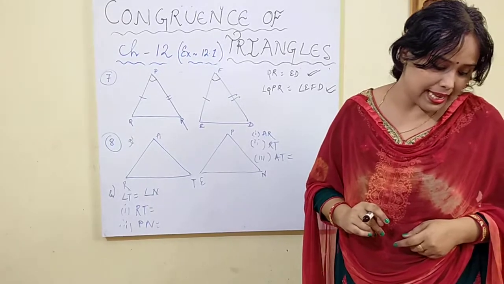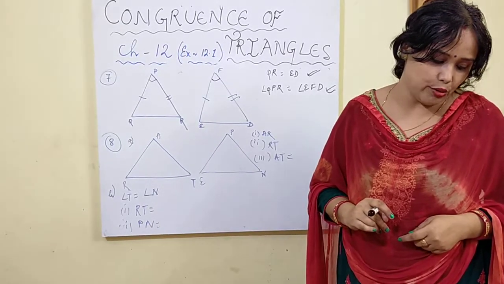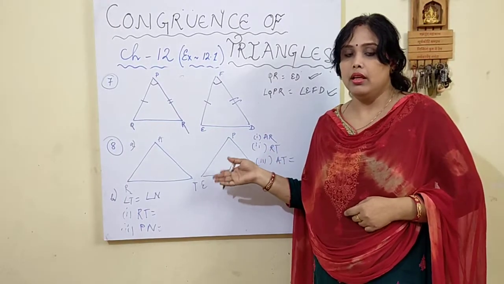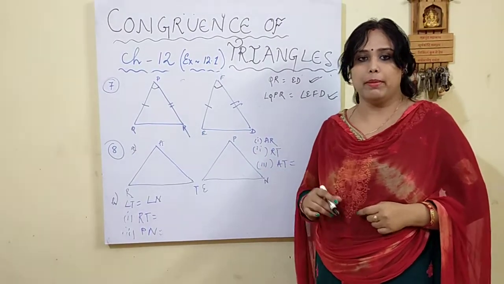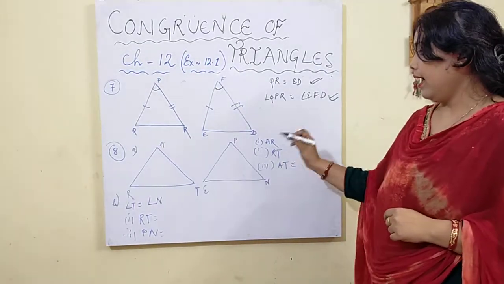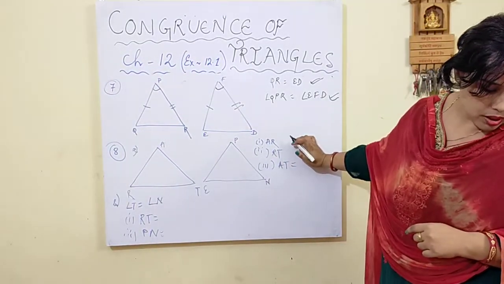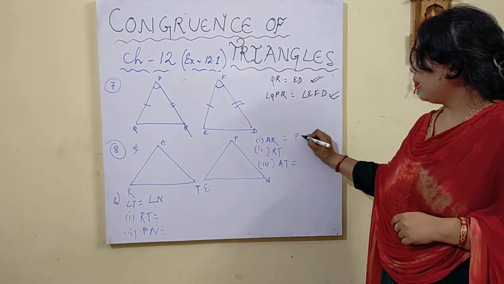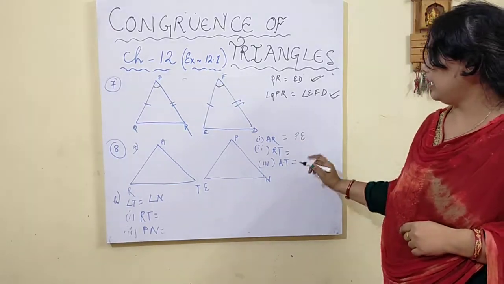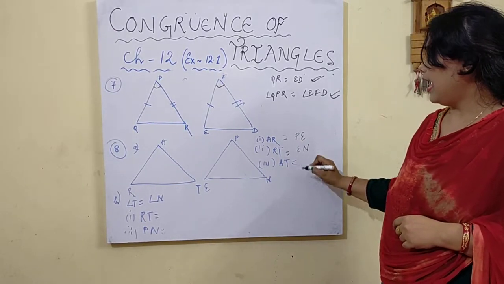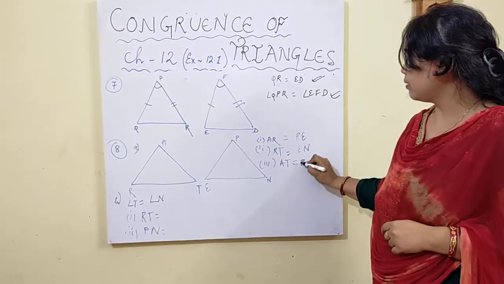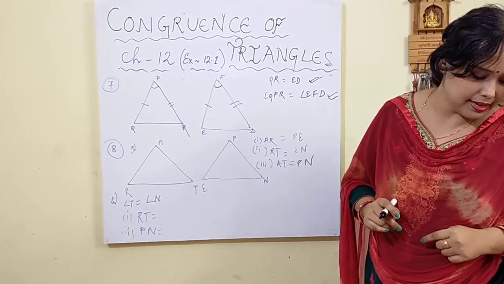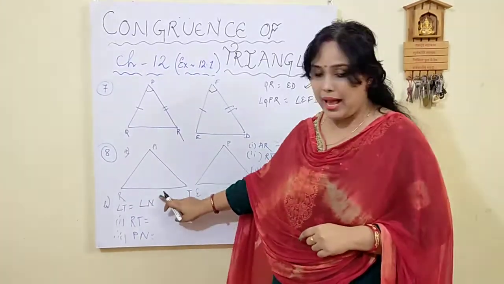If you have to use SSS criteria, then you need to show that AR should be equal to PE, RT should be equal to EN, and AT should be equal to PN, to show SSS criteria.